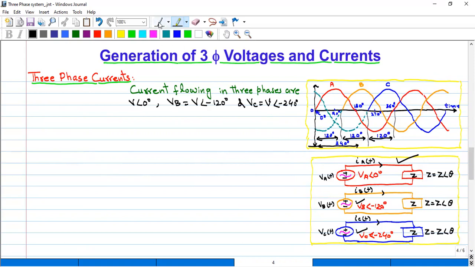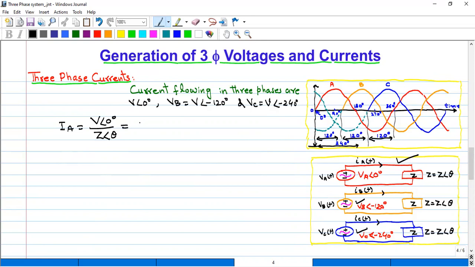So as we know, according to Ohm's law, the phase A current will be equal to phase A voltage divided by the load across the phase A. The load is basically Z angle of theta.